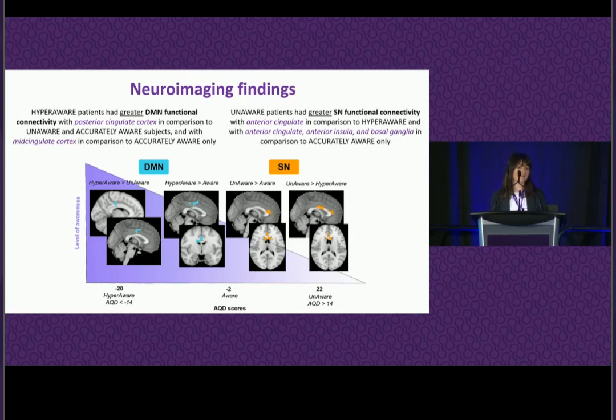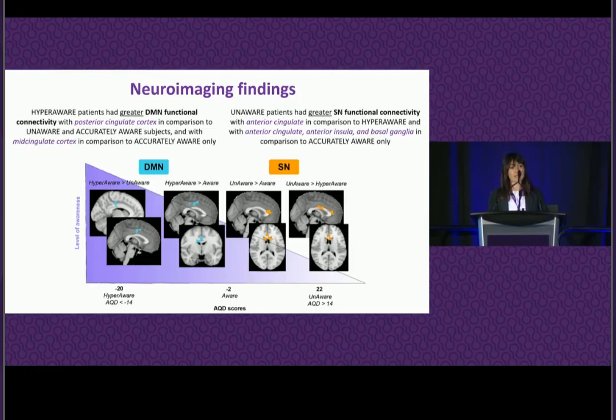We found that hyper-aware patients had greater functional connectivity within the posterior cingulate in comparison to unaware and accurately aware subjects, and within the mid-cingulate cortex in comparison to accurately aware only. And here you can see the higher activation depicted in blue.